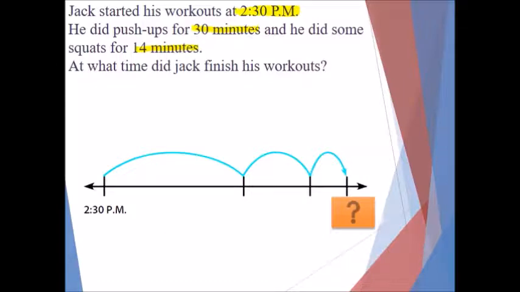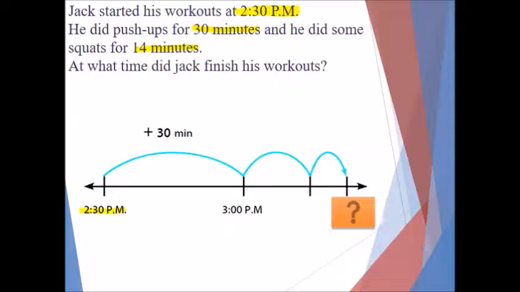On the number line, we'll start by labeling the start time, which is 2:30 p.m. And then we will count forward to add the elapsed time. The problem says that Jack spent 30 minutes doing push-ups. To show this, we'll jump 30 minutes from 2:30 to 3 p.m. Then Jack spent 14 minutes doing squats.